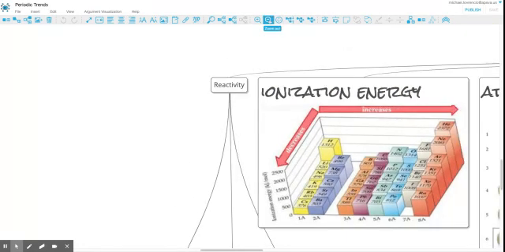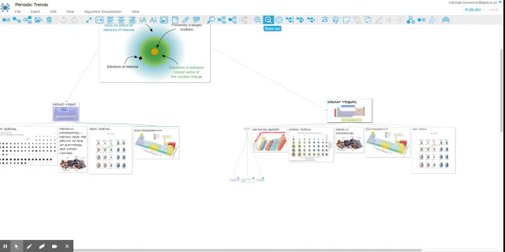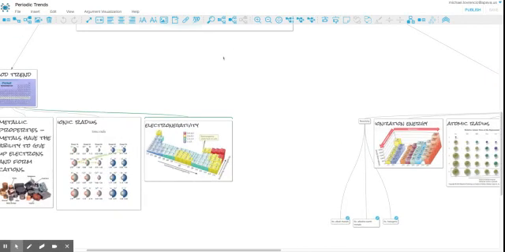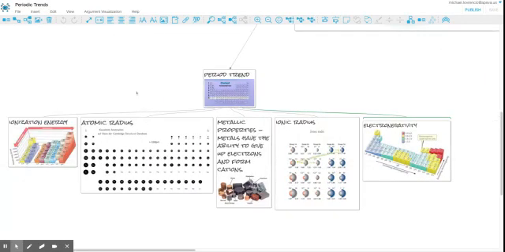If we zoom out in our flowchart and look at the period trends, again notice the same thing. We have electronegativity, ionic radius, atomic radius, and ionization energy.